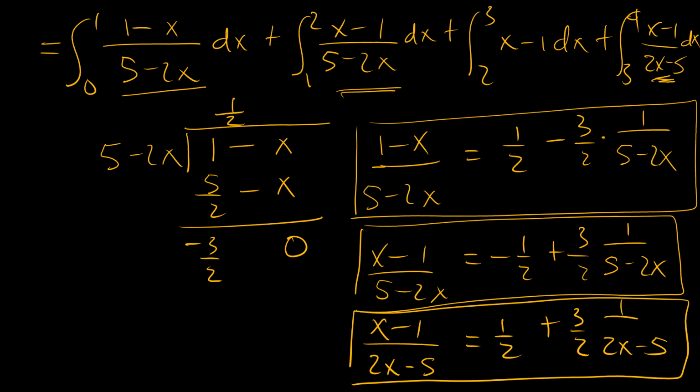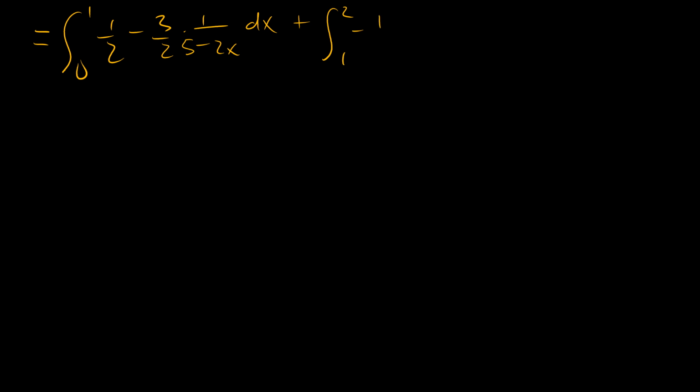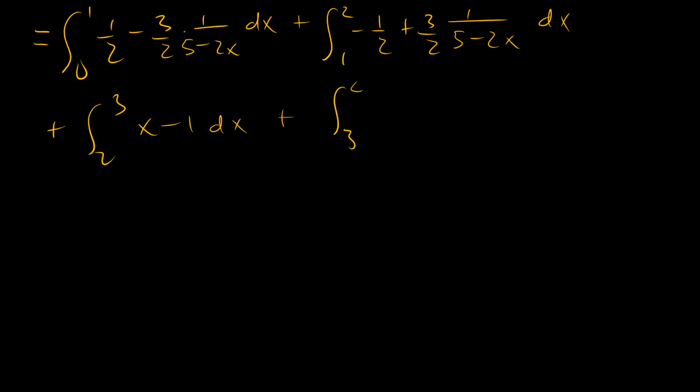Okay, so our integral now becomes the integral from 0 to 1 of a half minus 3 over 2, 1 over 5 minus 2x, plus from 1 to 2 negative a half plus 3 over 2, 1 over 5 minus 2x, plus 2 to 3 of x minus 1, plus 3 to 4 of a half plus 3 over 2, 1 over 2x minus 5.